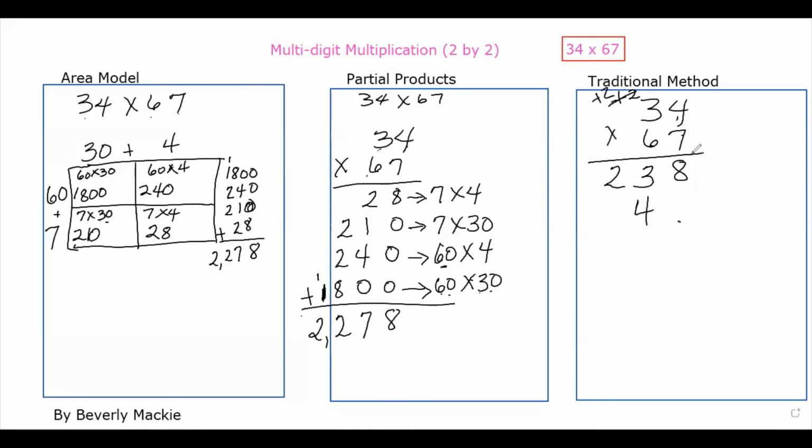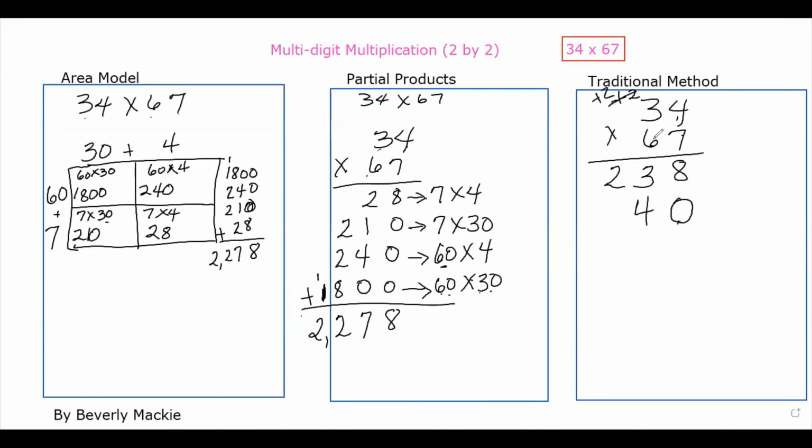Because we are actually multiplying by a multiple of 10. 6 tens is 60. So we know that our answer will end in 0. So this is why, if you didn't know, the 0 goes there all the time. They have different little rhymes to help you remember that. But I want you to know the real reason why it's required, right?